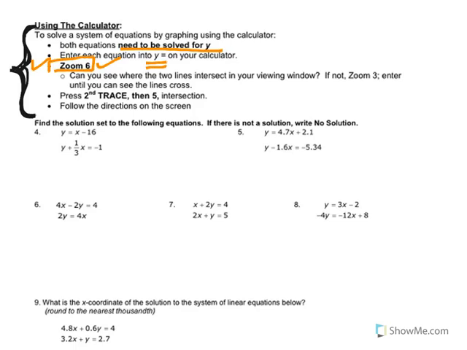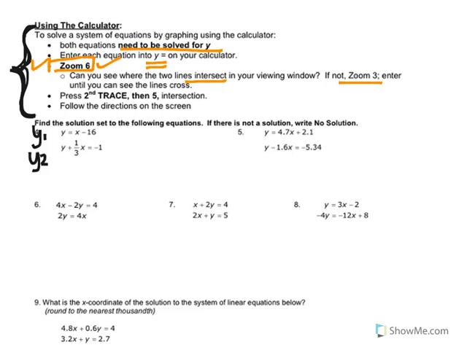And then if you do not see the two lines intersecting, then you're going to do Zoom 3 enter to get it back up. So that's just a summary. We've already talked about that on the front. On number 4, you're going to put the first equation into y1. You're going to put the second equation into y2. And then hit the graph button.